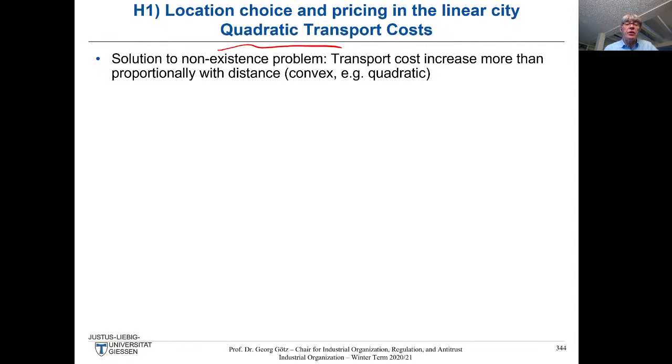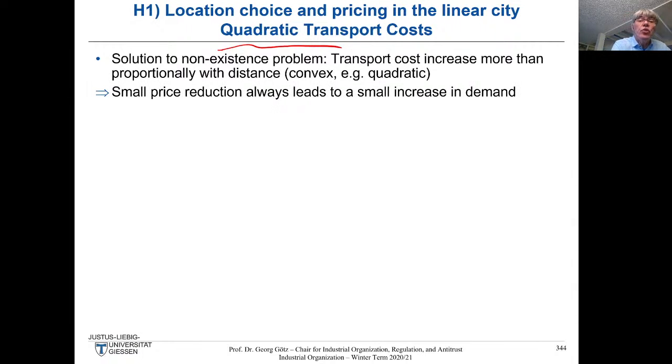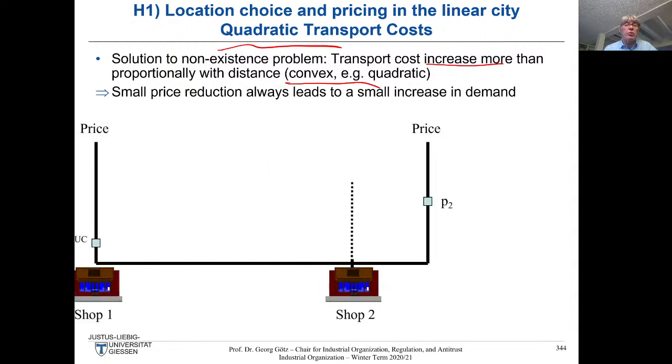You will see in a minute that this is rather straightforward. And the question of how these transport costs look in reality is, of course, an empirical one. So we have to make empirical studies in order to show that. So here, what we assume is that transport costs increase more than proportionally with distance.